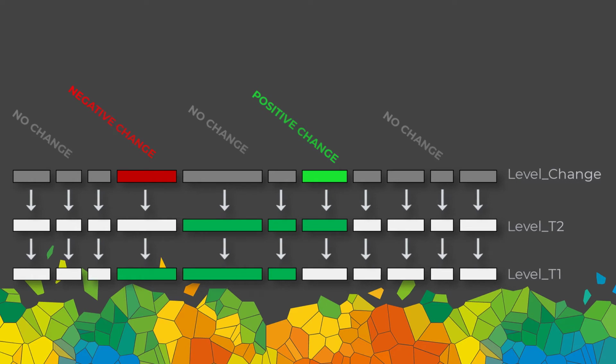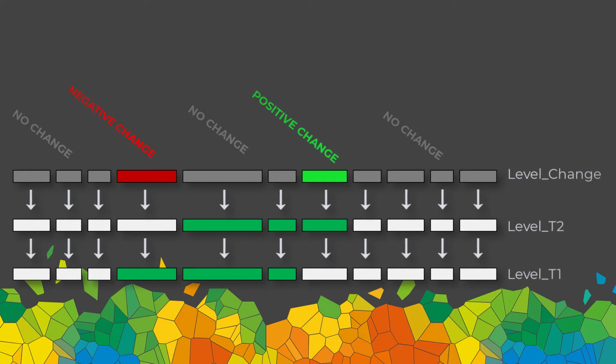If we find vegetation on level T1, so 2 levels below, and no vegetation on 1 level below, so on T2, we're going to label that as change because there has been vegetation removed, right? And also the other way around, if on level T1 we do not have vegetation, but on level T2 we do have vegetation, we also have a change, but a positive change, positive meaning vegetation increase.